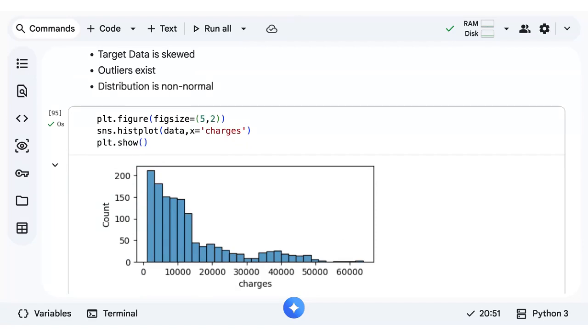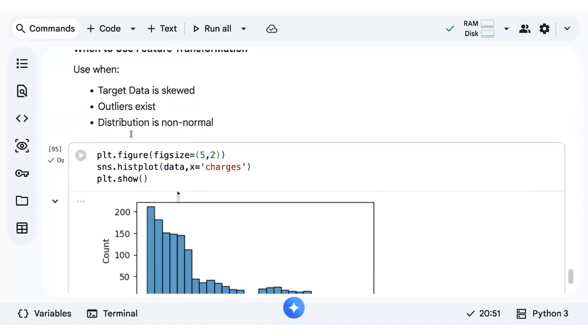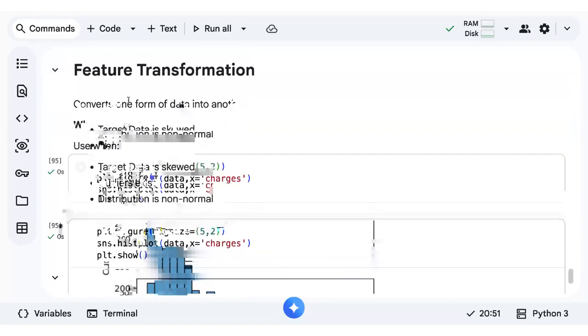But the thing is, this is the target column, its actual data, so I don't know how we will do it. Maybe some other algorithm will help us with this. No, usually we apply it only on a target column.